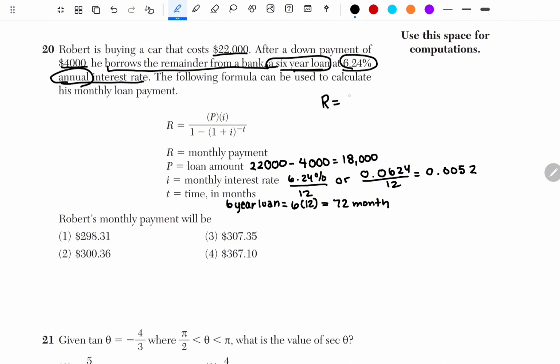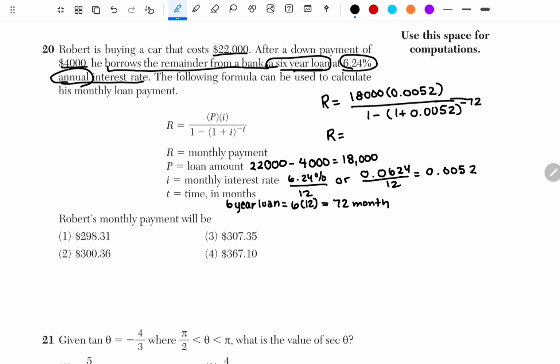So R is going to equal 18,000 times 0.0052 divided by 1 minus (1 plus 0.0052) to the negative 72 power.